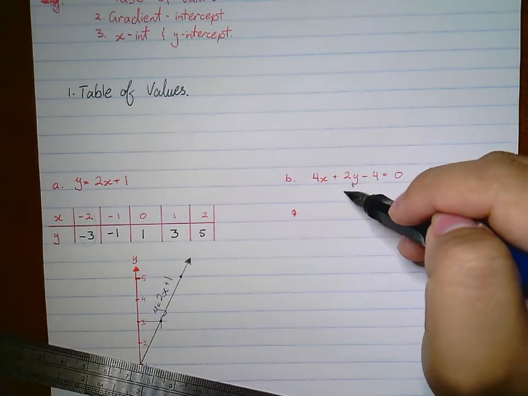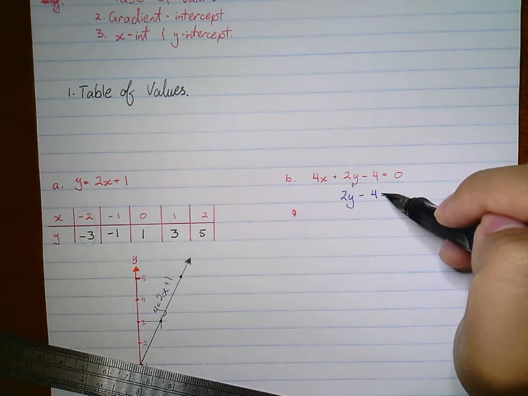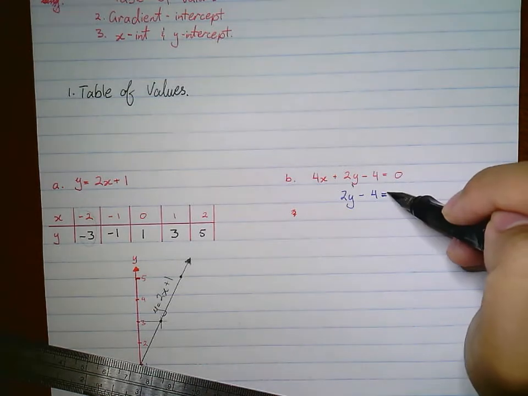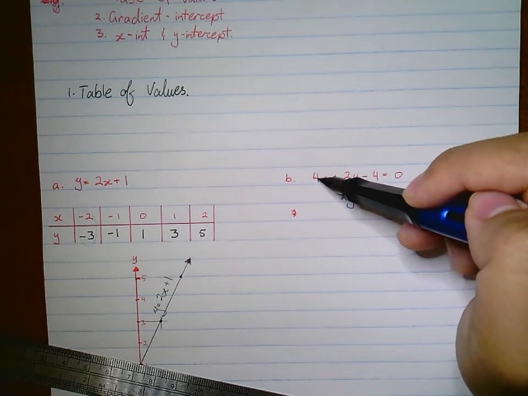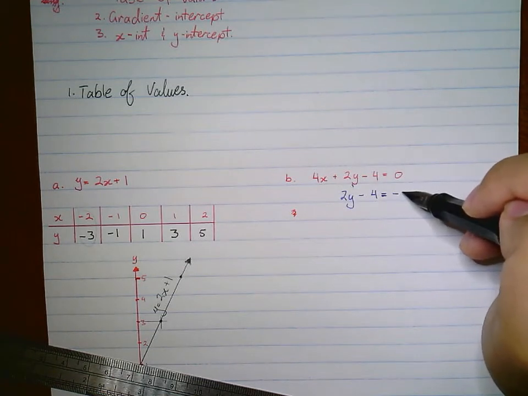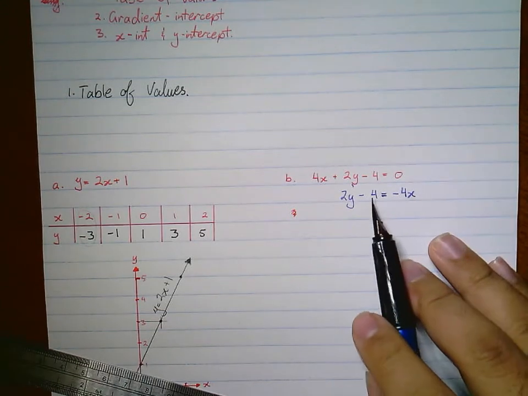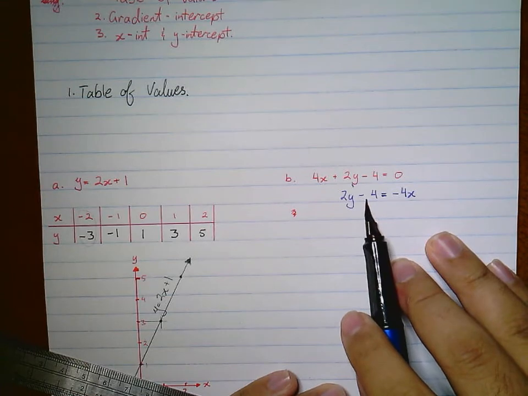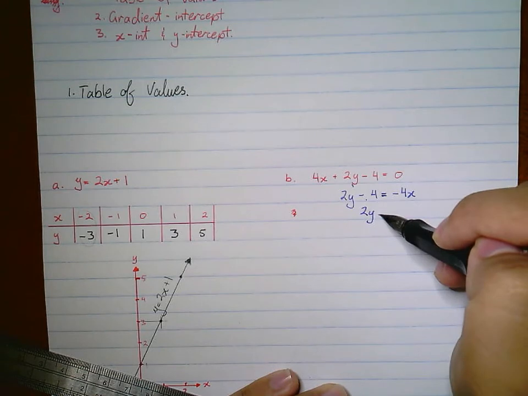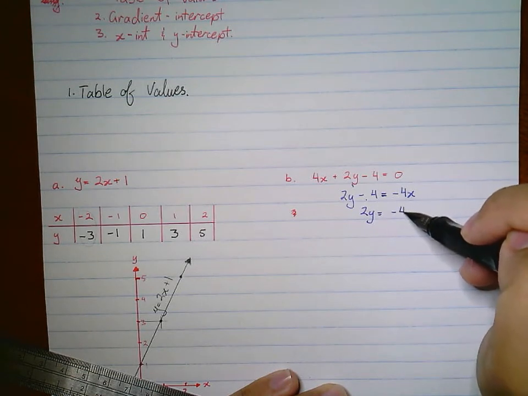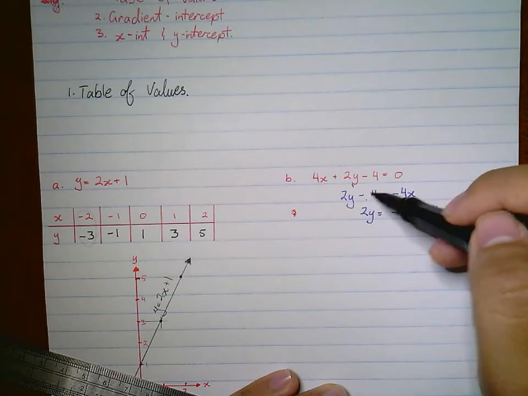I'm going to keep this the same, but now I'm going to subtract or move positive 4x to the other side. So I'm going to get negative 4x like this. I'm now going to move this negative 4 to the other side. So I'm going to be left with 2y equals negative 4x plus 4.